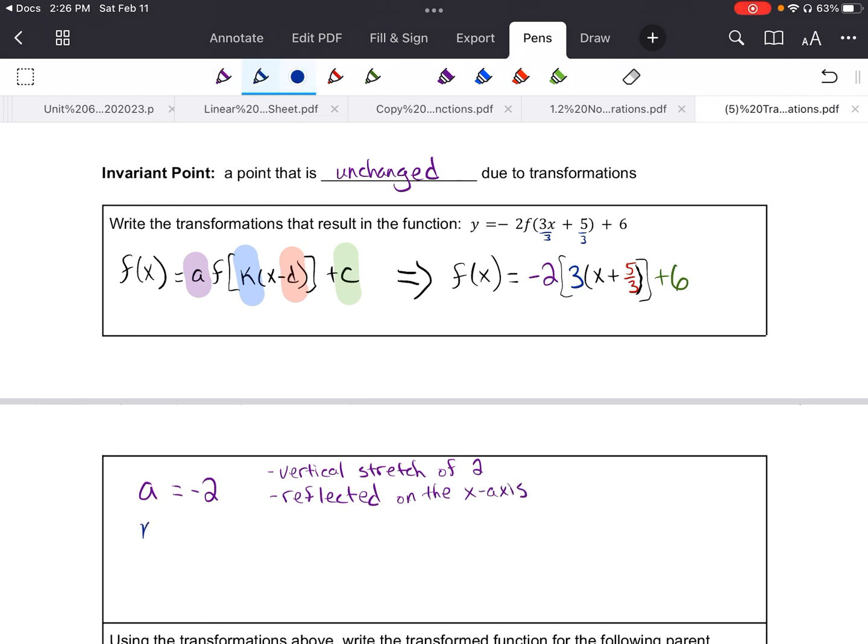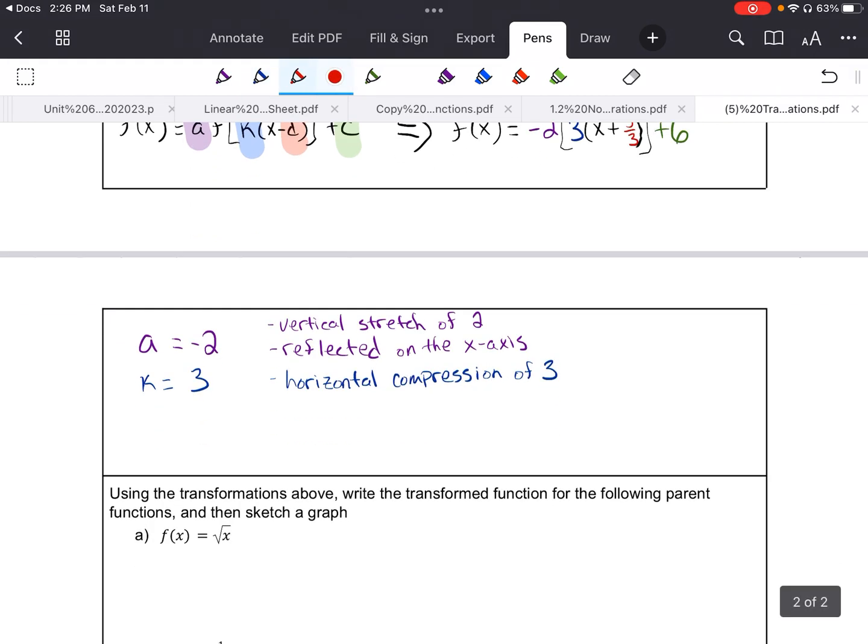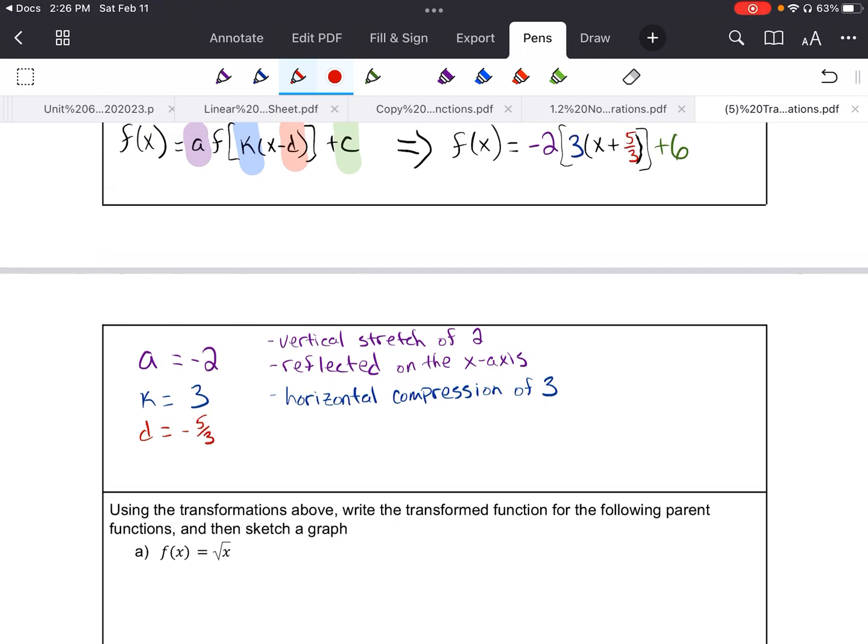Okay, we have a k value of 3, and that tells us that there's a horizontal, this time a compression of 3. We have a d value of negative 5 over 3, right? It says positive 5 over 3 in the bracket, so we do the opposite.